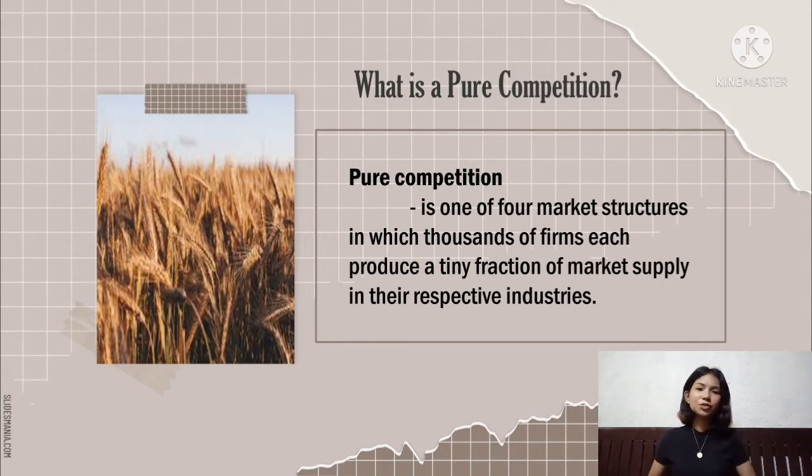Some examples of industries that deal with pure competition would be the agricultural markets, the wet markets such as Carmen and Cogon Mercado, and sari-sari stores, in which the products' prices are set by the market demand and not by the sellers. In this type of market, consumers have full knowledge of the goods being sold and they are aware of the prices charged to them. Although this type of market has its advantages, it also has its disadvantages, which will be discussed by our next presenter.